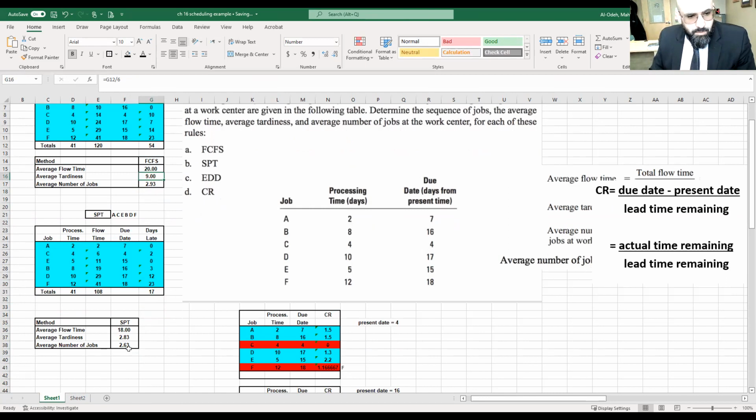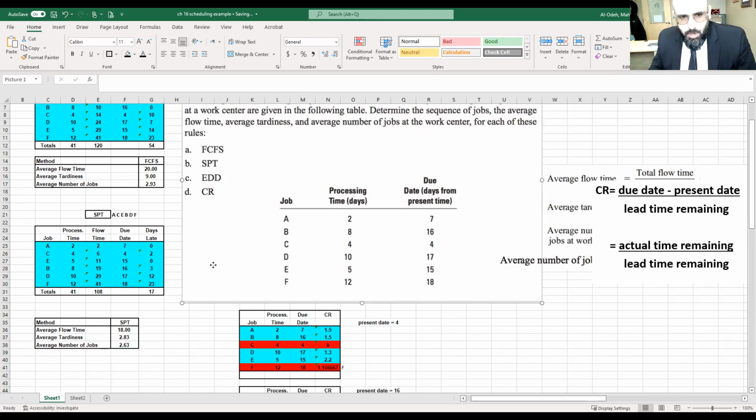And the average number of jobs, that would be 2.63. And this is calculated by dividing the flow time by the process time, which will give you this factor of an average number of jobs, 2.63. And therefore, the short process time is so far better than the first come, first serve.